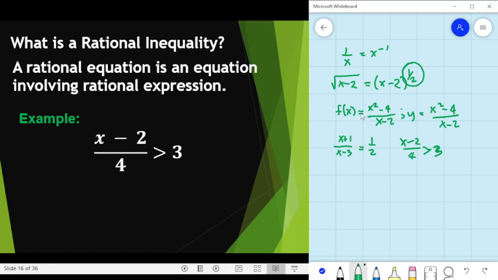Different from a rational function, which has two variables, x and y, the rational equation and rational inequality have only one variable, x or any variable, and differ in the symbols used.